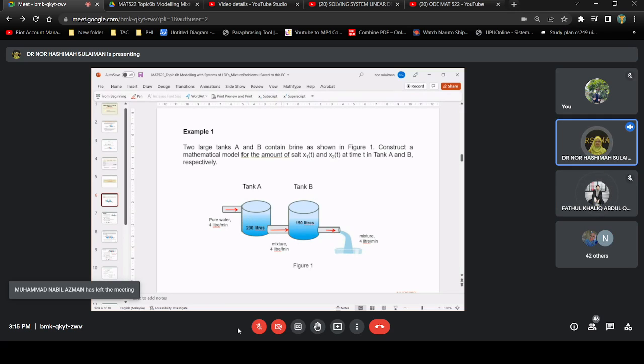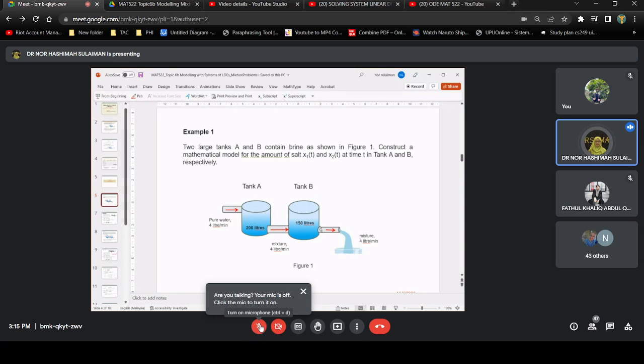Okay, so sama juga mix kat sini, dia masuk pula tank B, and then dia campur dengan 150 liter solution kat sini, brine, and then dia keluar pada kadar yang sama. Maknanya dia lalu je, dia tumpang lalu je kan, betul tak? Ada tak perubahan isi padu dekat dalam tank ni? Is there any changes in the amount of solution in the tank?